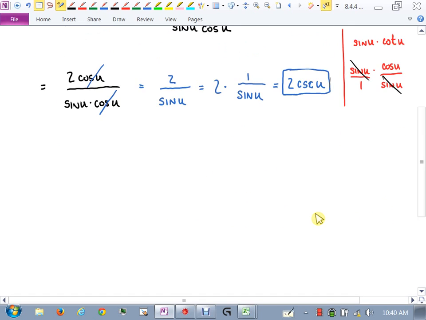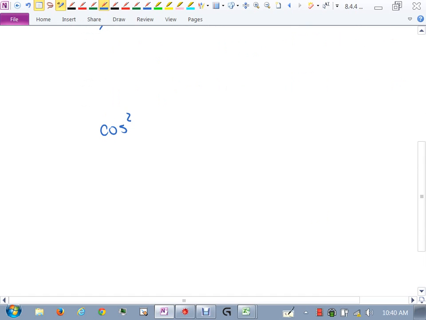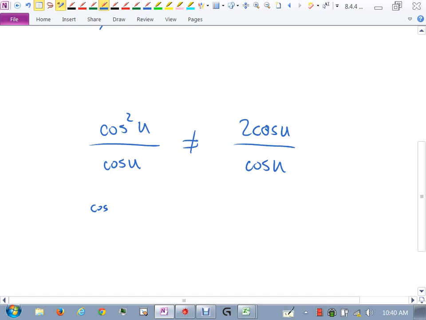Look, cosine squared u over cosine u is not the same as 2 cosine u over cosine u. Because this one on the left is cosine u times cosine u over cosine u. This one over here is cosine u plus cosine u over cosine u.